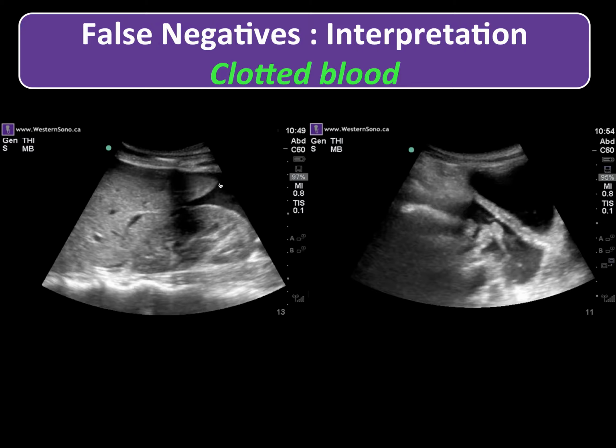However, you can begin to appreciate a more isoechoic density to the fluid in the right upper quadrant and in the pelvis. These clips were taken several hours after the patient's acute presentation to the ED, and some of the blood had already pooled and clotted, and instead of appearing anechoic, appeared almost hyperechoic, most strikingly in the pelvis.